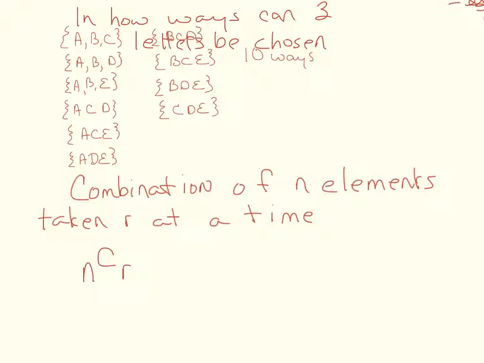Again, this formula is in your calculator, but it's n factorial over n minus r factorial times r factorial. So if you don't have a calculator handy, you can use this formula.